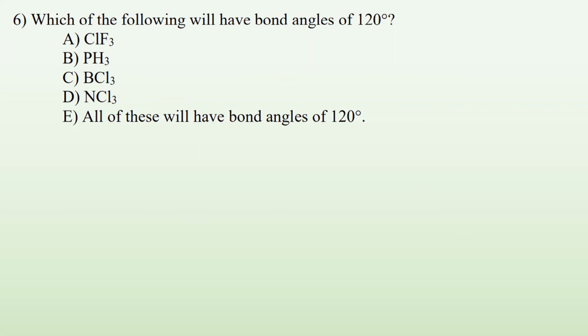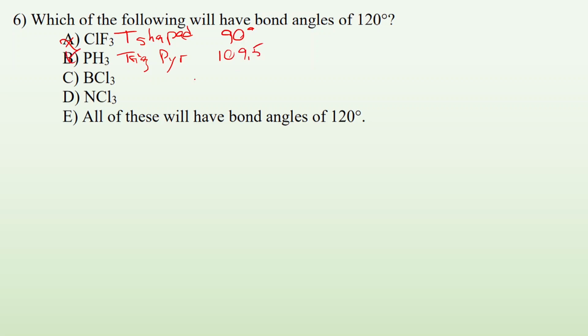Number 6, which of the following will have bond angles of 120 degrees? So again, you got to draw out the shapes. ClF3 is going to be T-shaped, which means the bond angles are all going to be 90 degrees. So not this one. PH3 is going to be trigonal pyramidal, which is, I think, like 109.5 degrees.